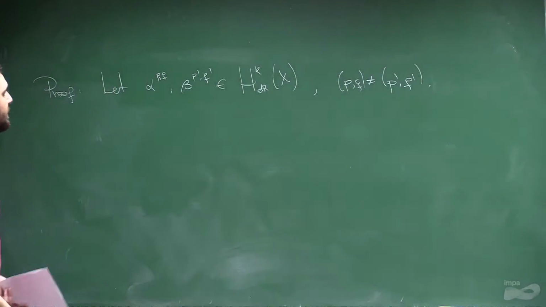Okay, so we have to show that the h_k of alpha and beta is 0.